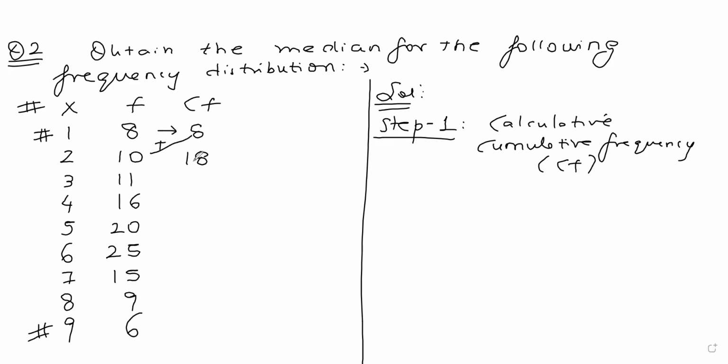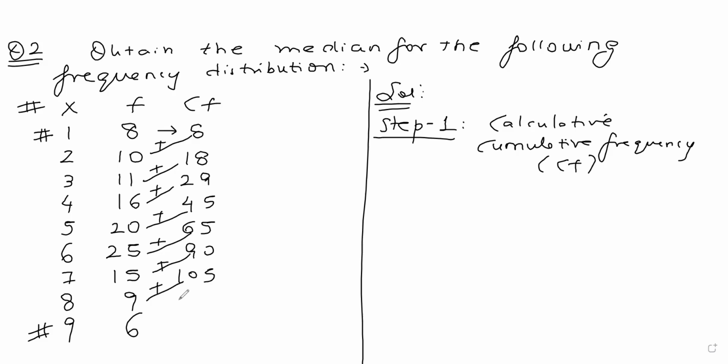We know how to calculate cumulative frequency: 8 plus 10, 18, 18 plus 11, 29, 29 plus 16, 45, 45 plus 20, 65, 65 plus 25, 90, 90 plus 15, 105, 105 plus 9, 114, plus 6, 120. The sum of all the frequencies is 120, which is my total number of observations.